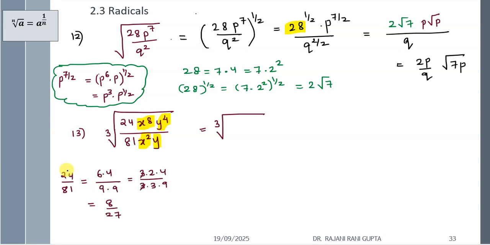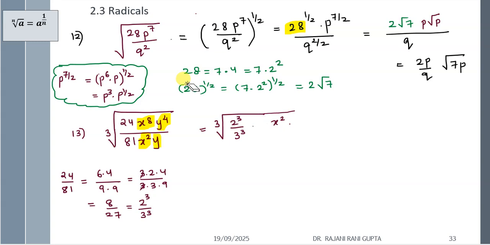We can simplify it like this: 8 over 27, and since we need cube root, 8 we can write as 2 power 3 and 27 as 3 power 3. So let's write 2 power 3 over 3 power 3. X power 8, since you need a multiple of 3, you can write it as x power 6, x power 2.